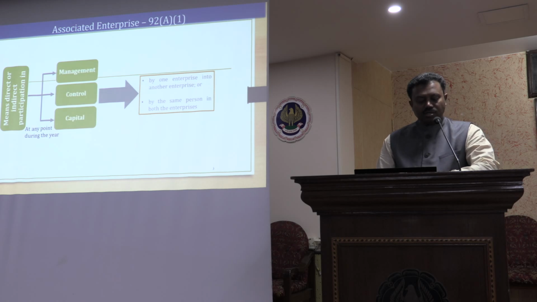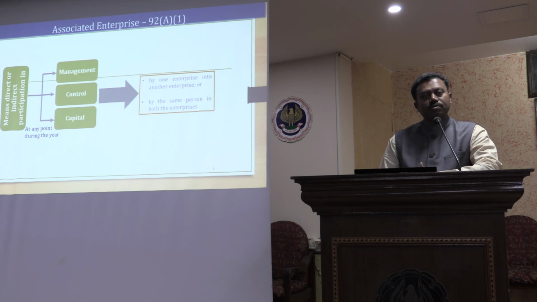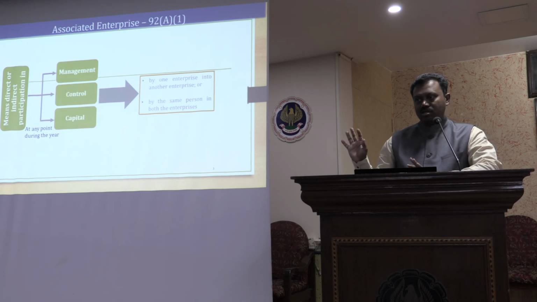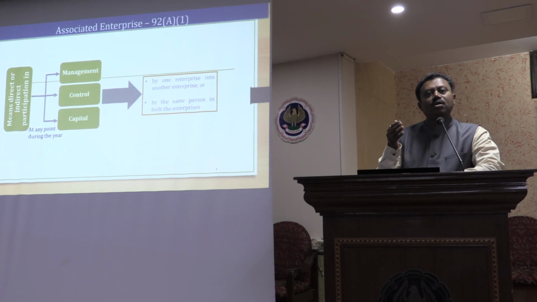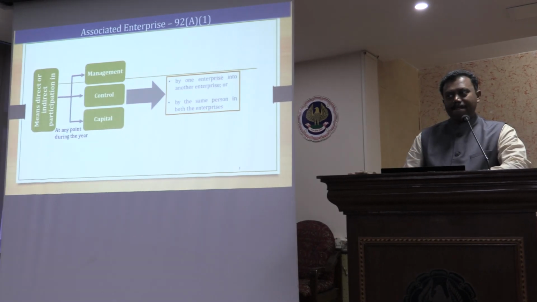Associated enterprises means direct or indirect participation by way of management, control or capital. Predominantly from these three reasons. At any point during the year, this is very interesting. The relationship on April 1st of the year is not there.